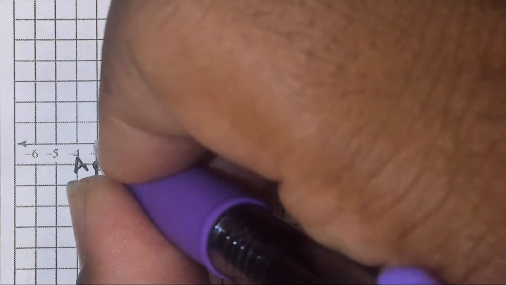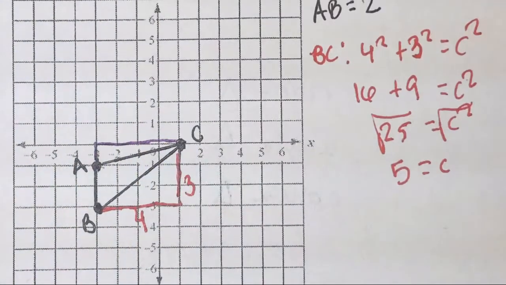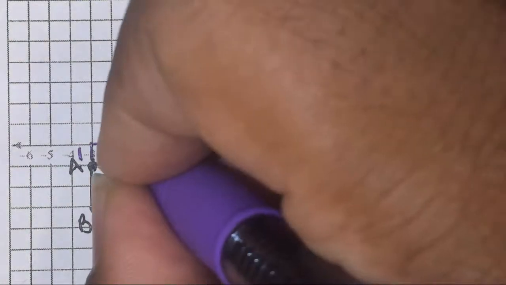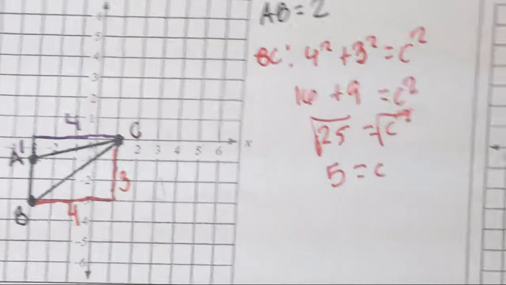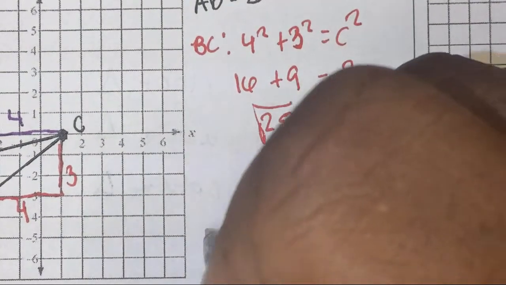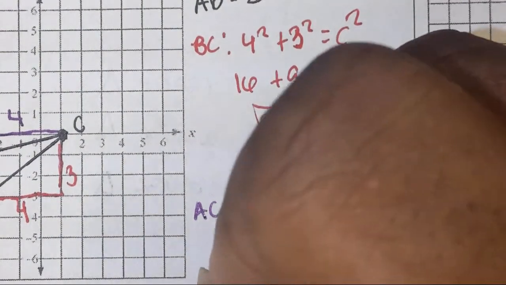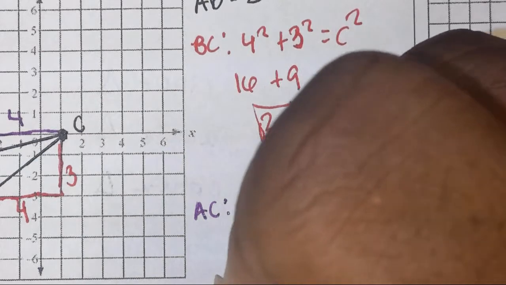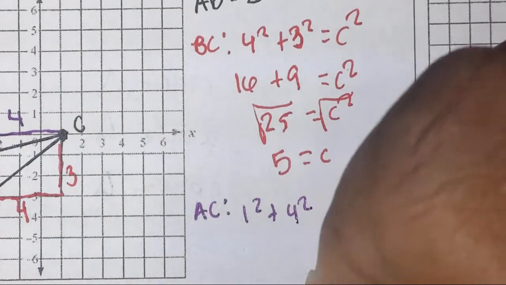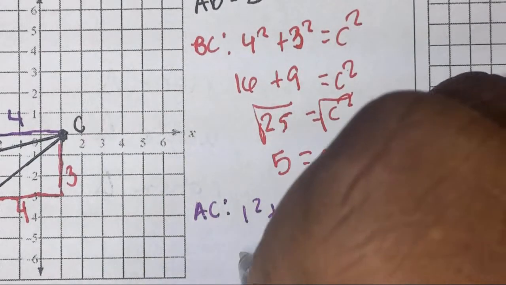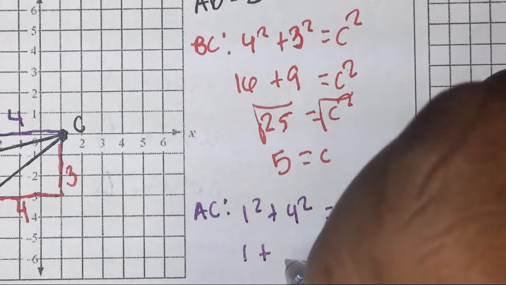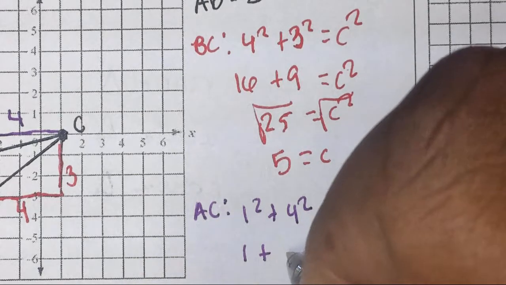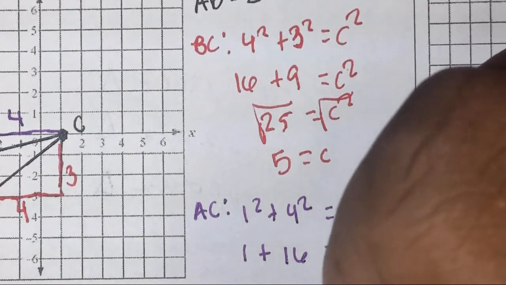One else to count, 4. Yeah. So AC, that last side, do that one. 1 squared, 4 squared, 1. What's that? 16.